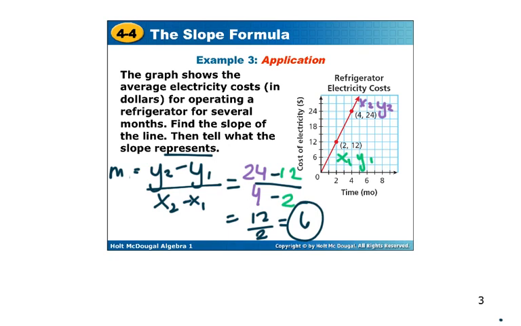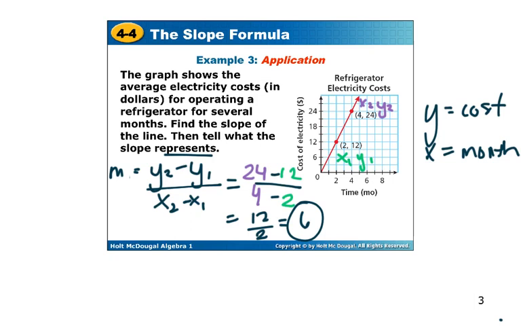So we do know that our slope is 6, but that doesn't necessarily give us what it represents. So we have to remember what does our y represent and what does our x represent. So our y value here is going to be the cost, and then our x is the number of months.